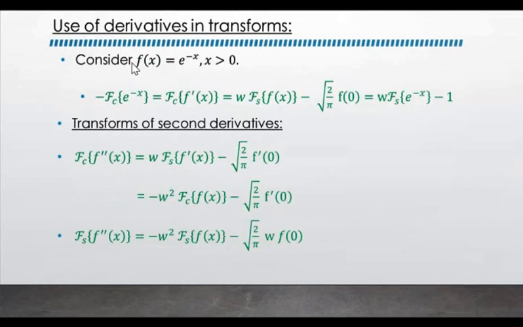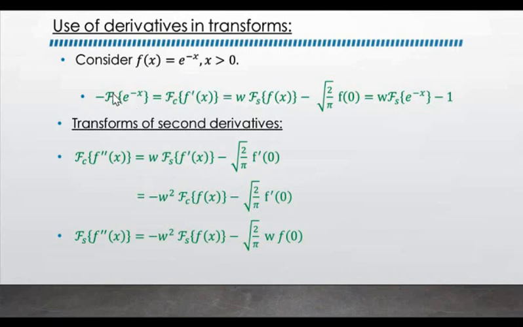Now we give an example for the use of derivatives of the transforms. Consider f of x equal to e raised to minus x for x greater than 0. Then what is the derivative of f of x? It is minus e raised to minus x. So the Fourier cosine transform of f dash x: f dash x is minus e raised to minus x, so I am taking this minus outside and keeping e raised to minus x inside.